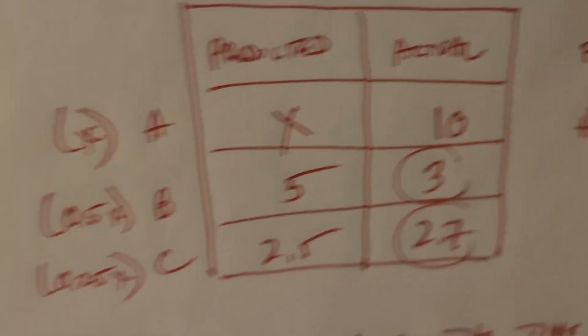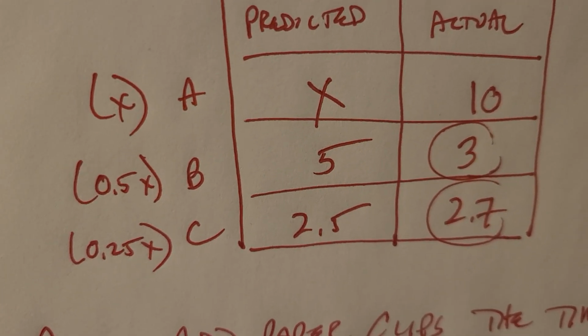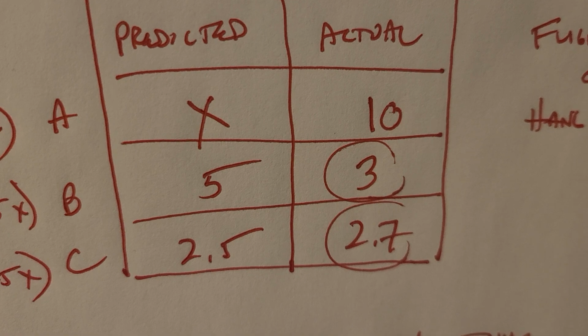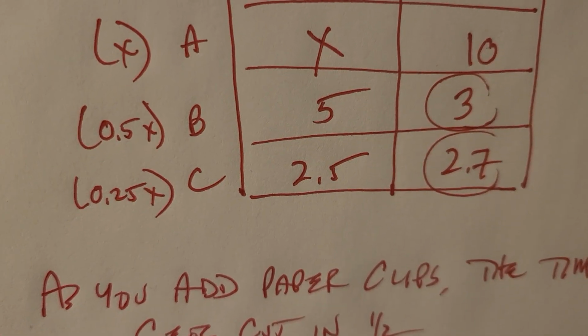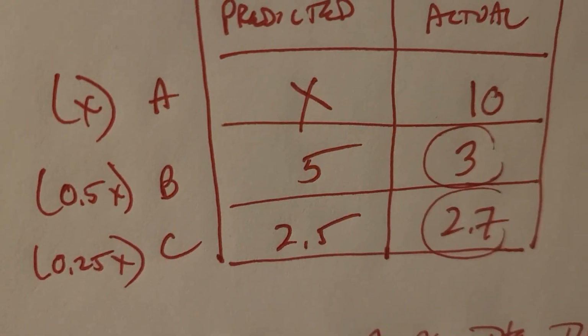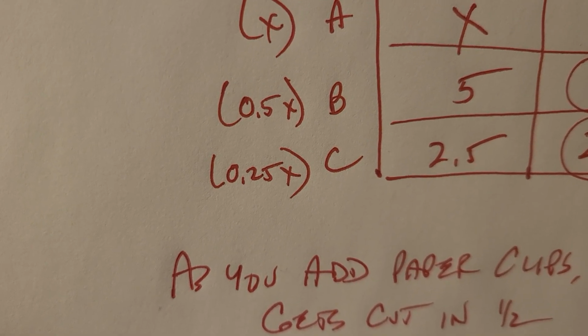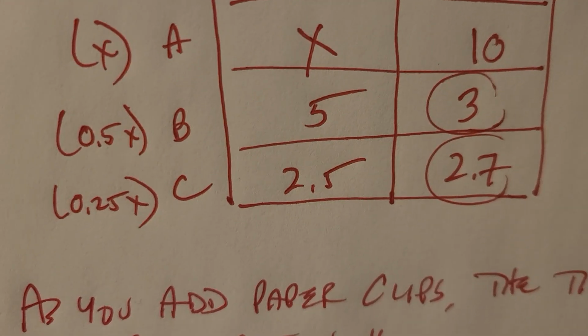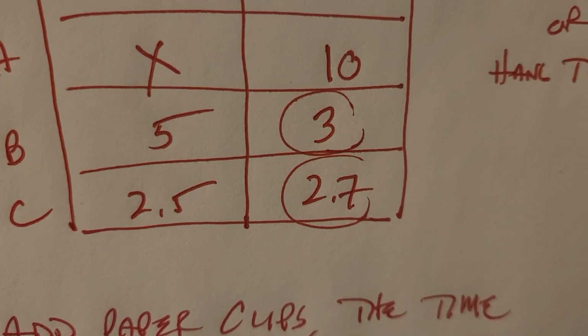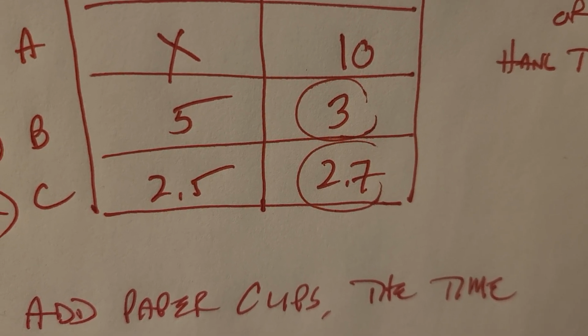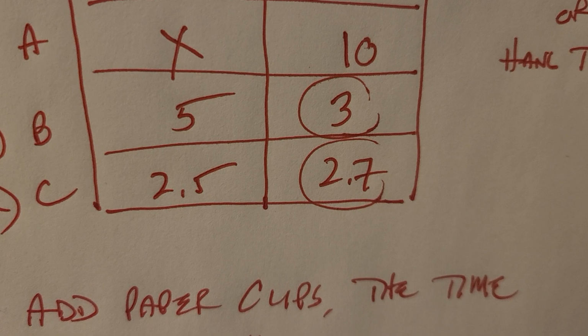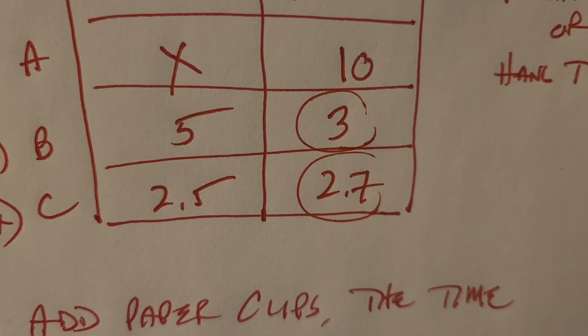So from your 10, you say it's going to be half, so it's going to be 5. It doesn't end up being that. It ends up being 3. Then you have 5, and then it's going to be 1/4 of what X was, which is 2.5. So when you have these numbers that disprove your hypothesis, you circle them.